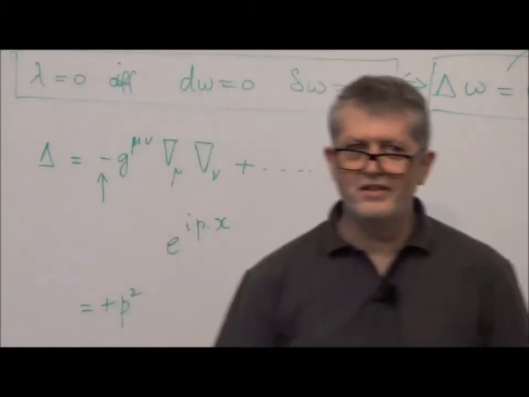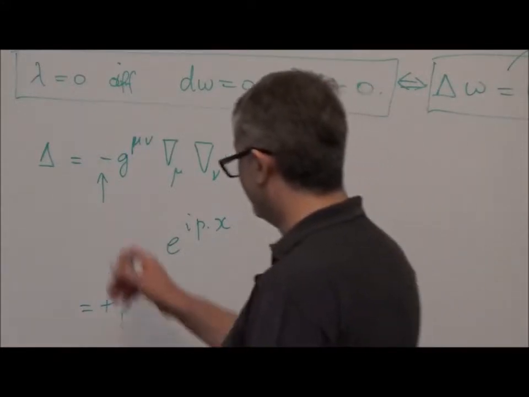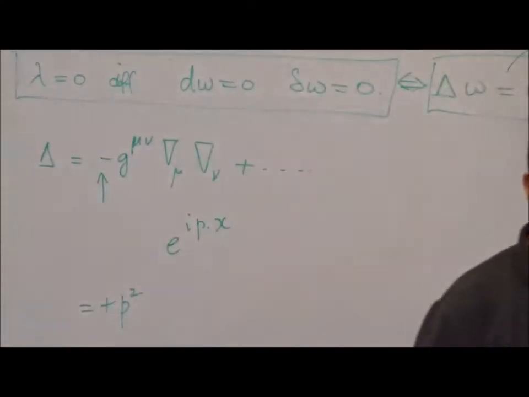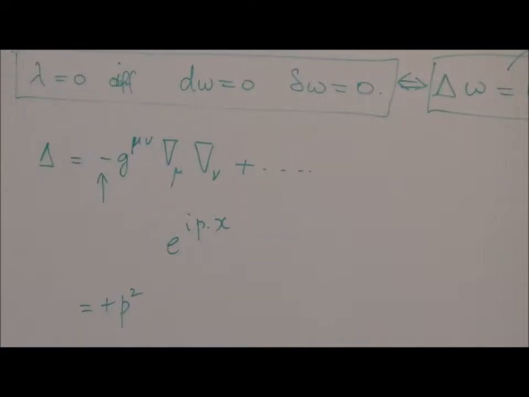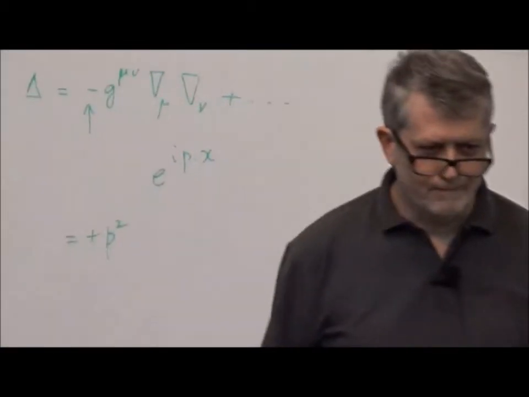I'm in Euclidean space, so p squared is positive. So this sign is actually correct. It might not be so correct, depending on your conventions in Lorentz space, so you have to be a bit careful. But we're in Euclidean space here, so everything is fine. So you're not worried by that.